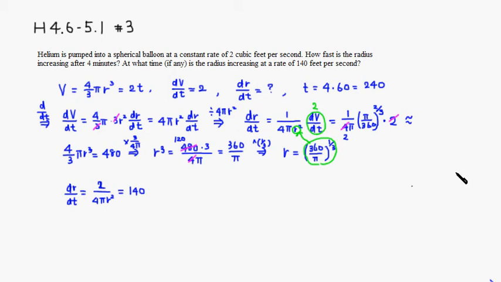So let's simplify that. You have the 2 cancel out with the 4, so that will leave you with 2 here. All right, then since we're looking for r squared, I'm going to go ahead and take the reciprocal of both sides. That way you have 2 pi r squared, so put it upside down, and a 1 over 140.